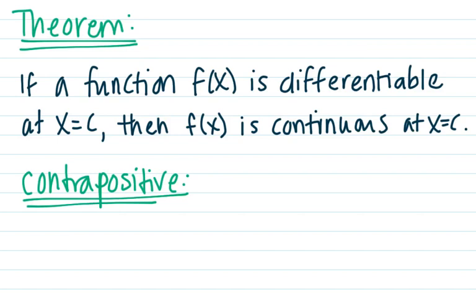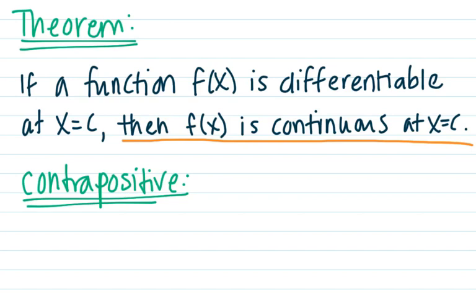Wrap your head around that for a second. In other words, if we took the second part of what we just said, f of x is continuous at x equals c, and we put the inverse of that, which is that it's not.